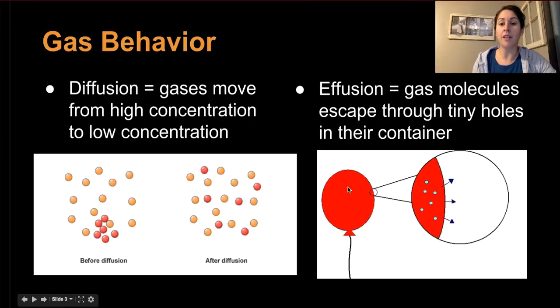These gas molecules are constantly moving very rapidly inside, and if they happen to hit one of those holes just at the right place, they can effuse or move out of that space. We actually use helium balloons that have some linings or special materials to help prevent that, so longer lasting balloons have been engineered to hold that helium a little bit longer.